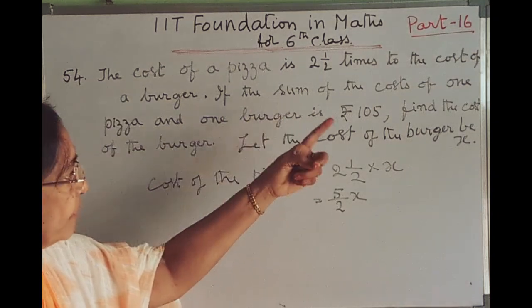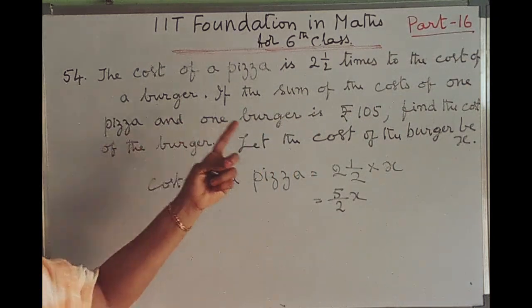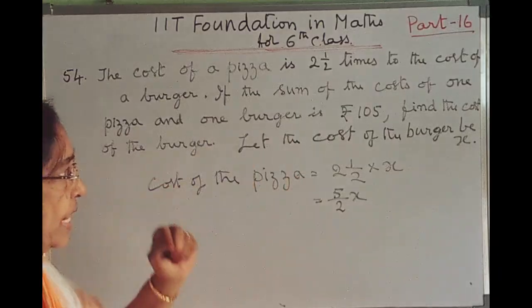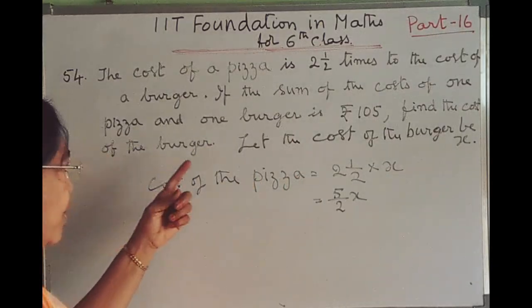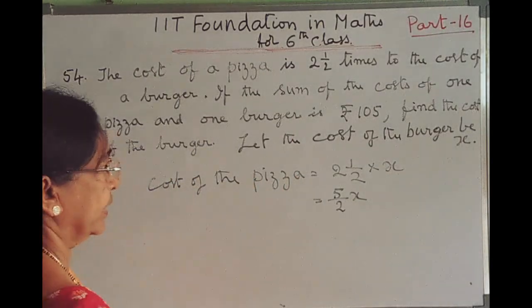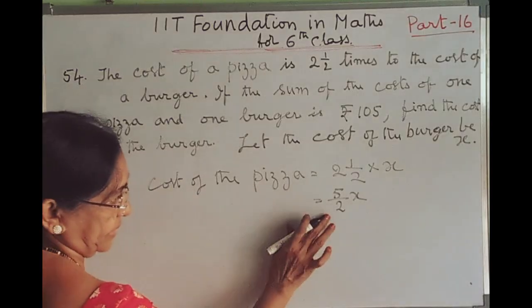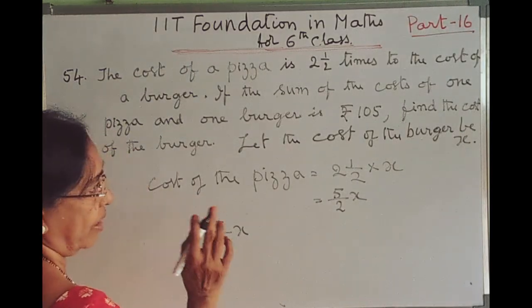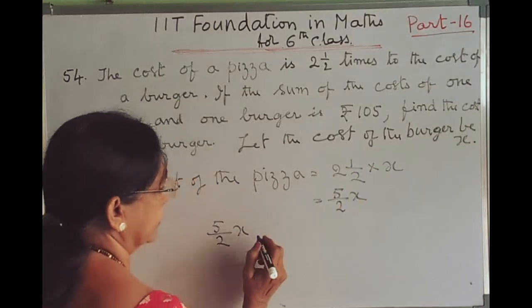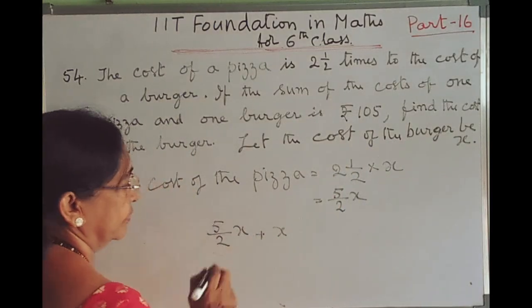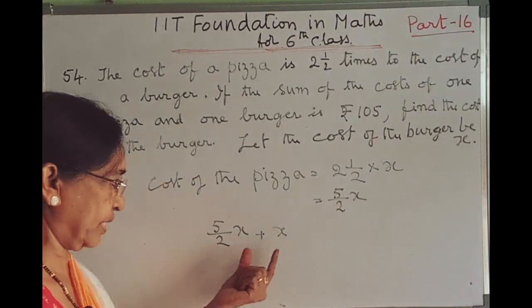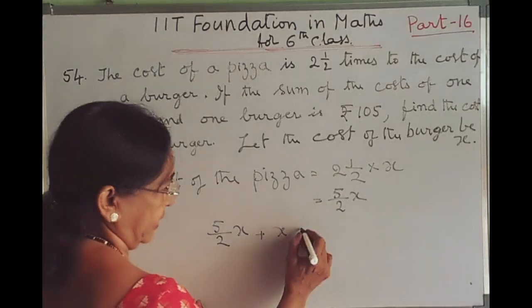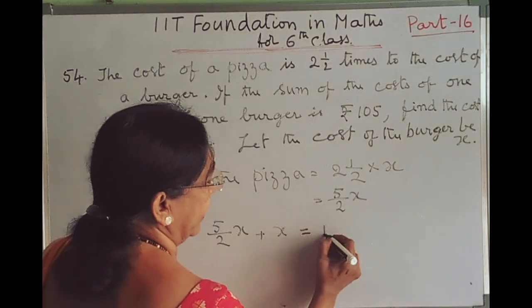If the sum of the cost of one pizza and one burger is rupees 105, find the cost of the burger. Here the cost of one pizza is 5X by 2 and the cost of one burger is X. So cost of one pizza plus cost of one burger is equal to rupees 105.